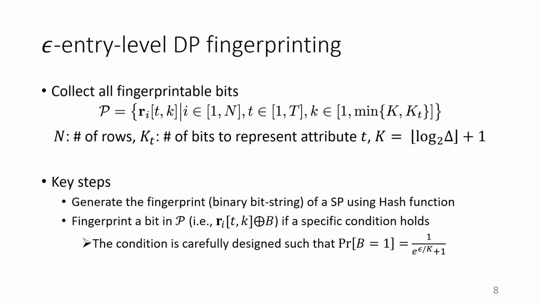Then we fingerprint each entry in this set if a specific condition holds. This fingerprint insertion is essentially the exclusive-or operation between the bits and the binary mark. The condition is carefully designed such that the probability of the mark bit equaling 1 is exactly the same as the probability in the previous theorem.